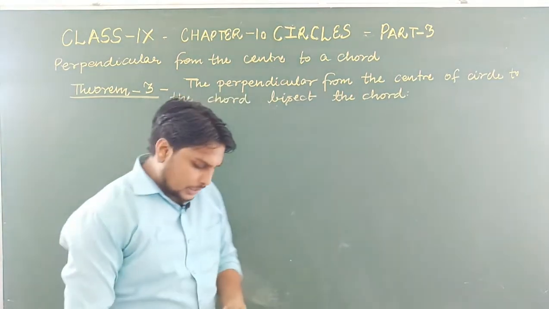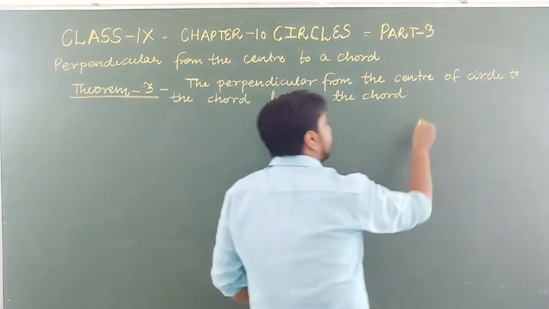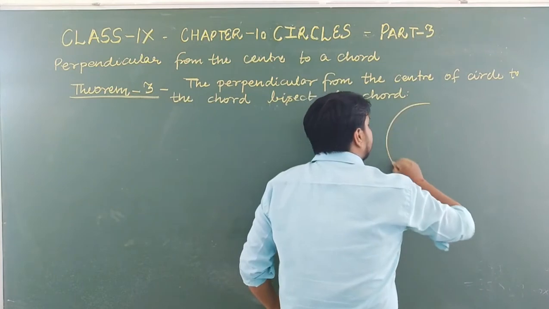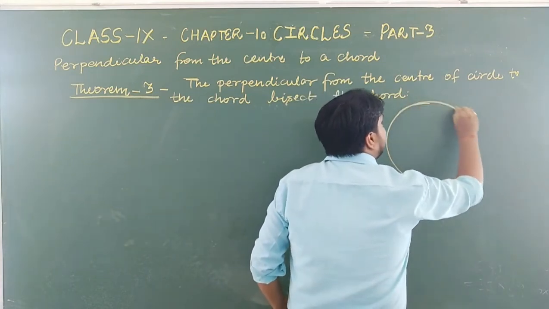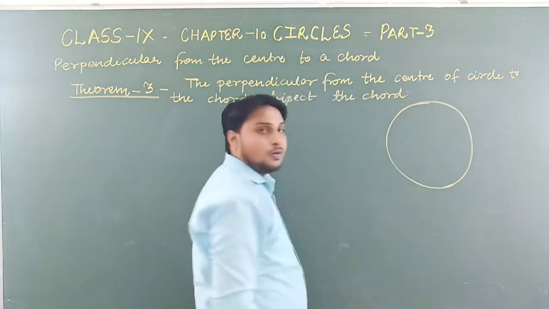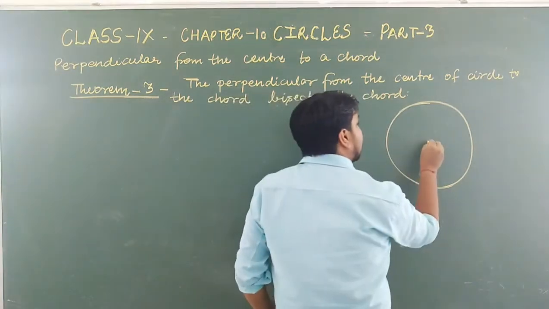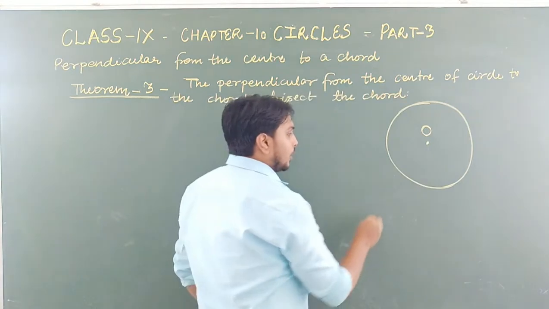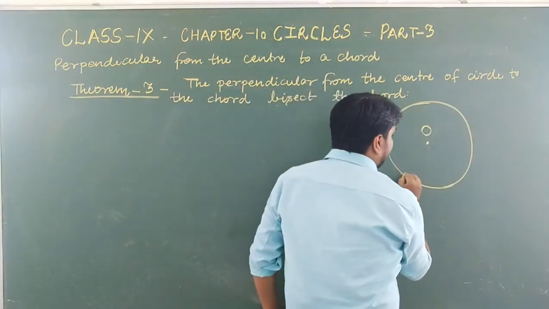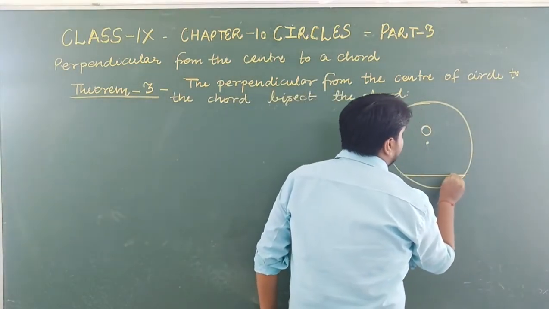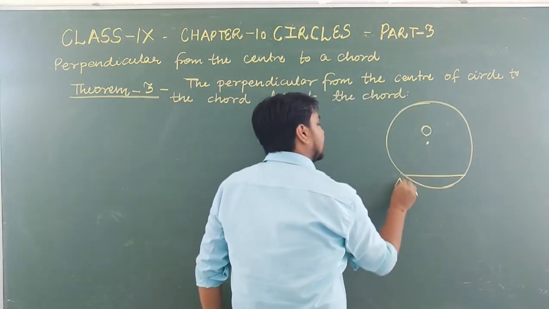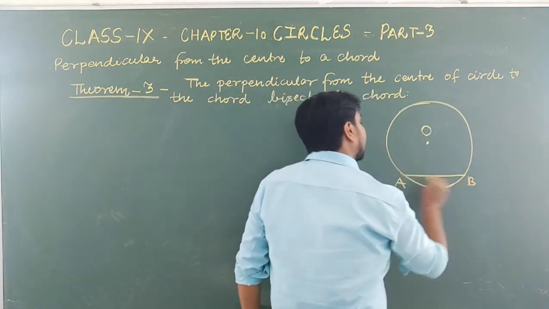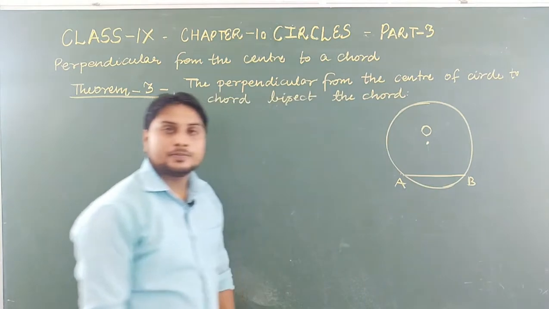Try to understand the statement of the theorem. If there is a circle, suppose this is a circle and this is the center of the circle, and here one chord is there. Suppose the chord is AB.